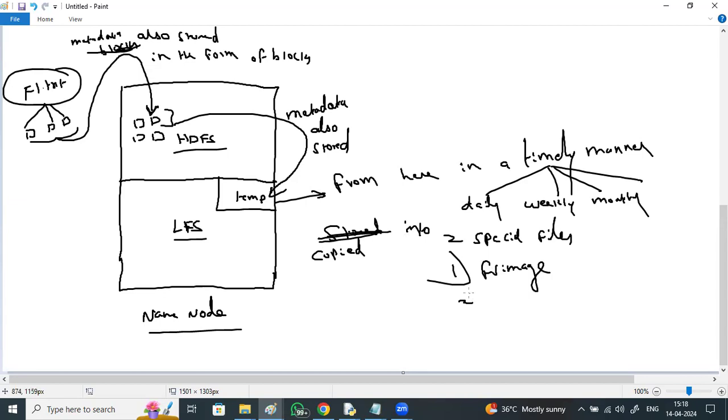The two special files are FS image and edits.